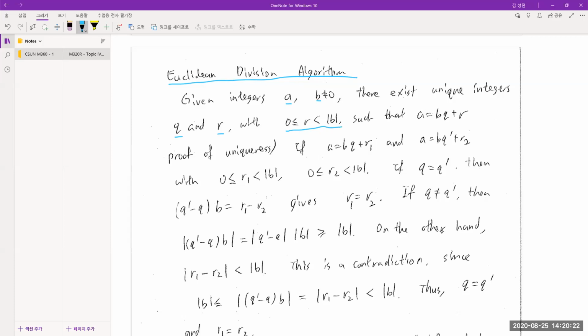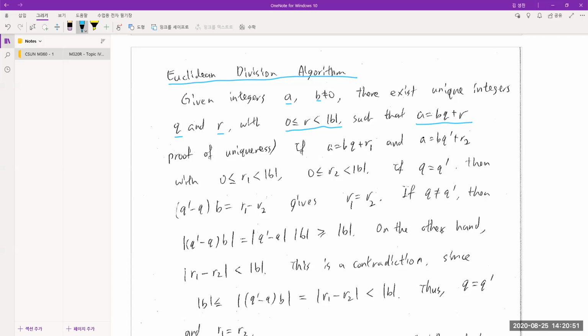It cannot equal the absolute value of b, strict inequality here, such that a equals bq plus r. q stands for the quotient. So a can be written as b times quotient plus remainder, and such q and r with these requirements should be unique.